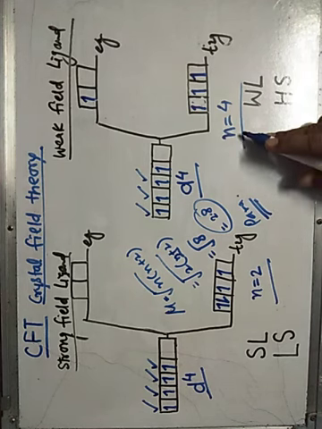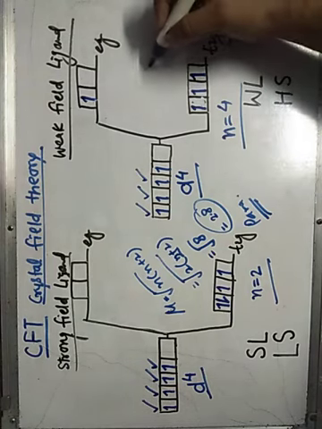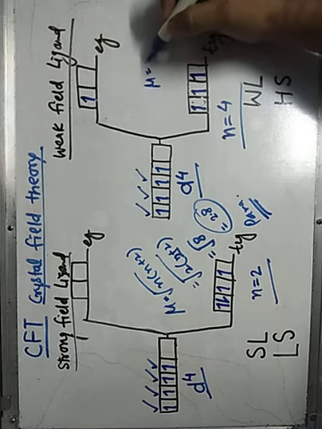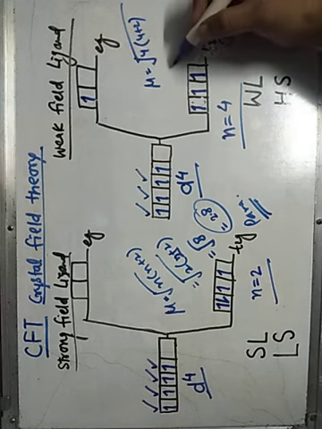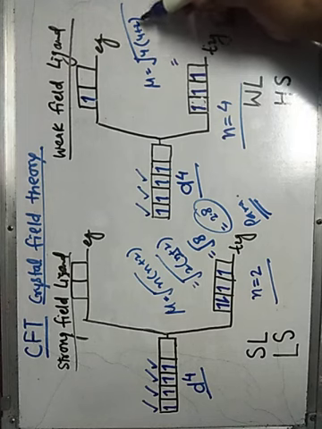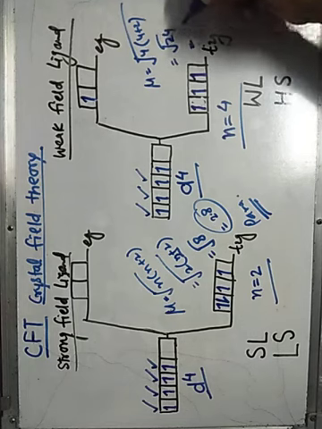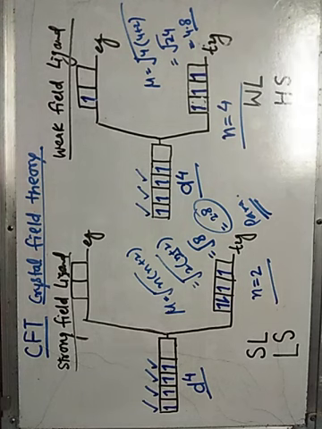And what about n equal to 4? Mu is basically root of 4 times (4 plus 2), which is 4 times 6, that is 24, root 24. It's 4.8 or nearby.